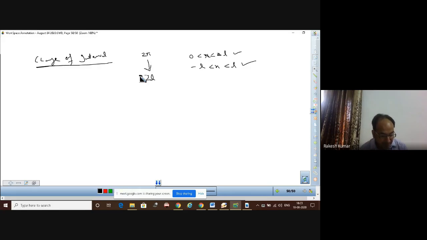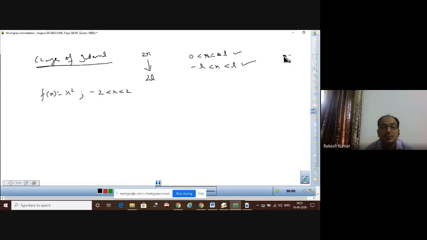So let us proceed. Find the Fourier series of the function x square in the interval minus 2 to 2. This is the interval.